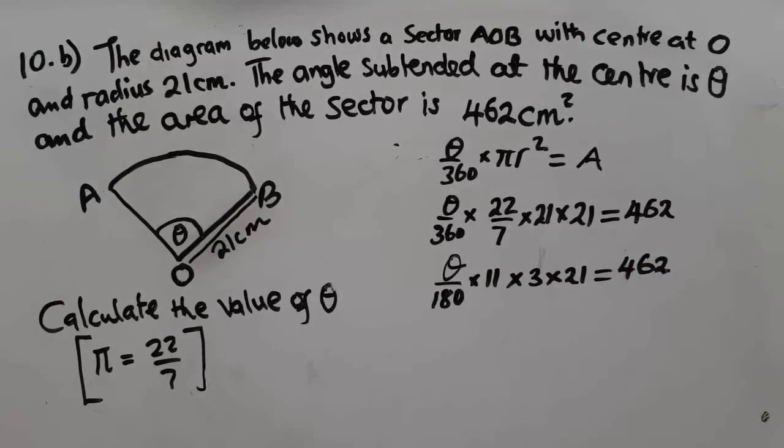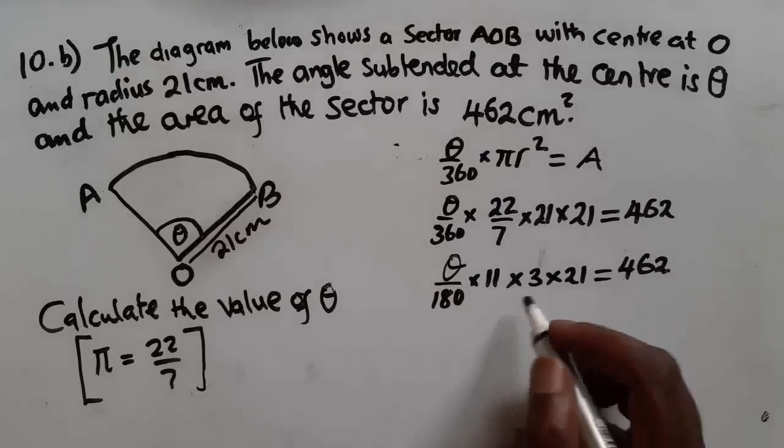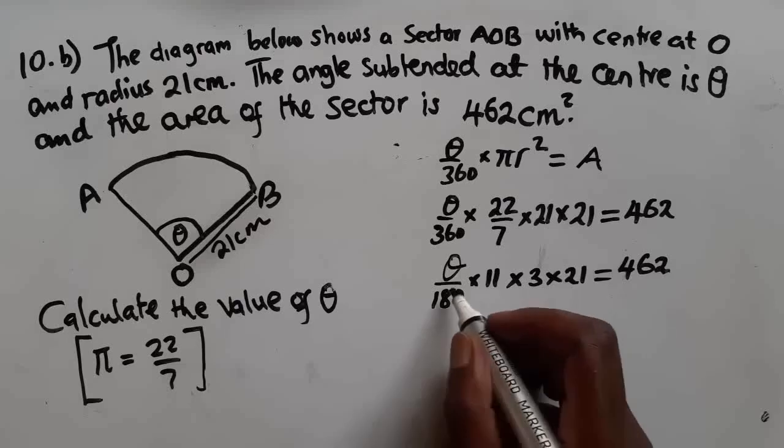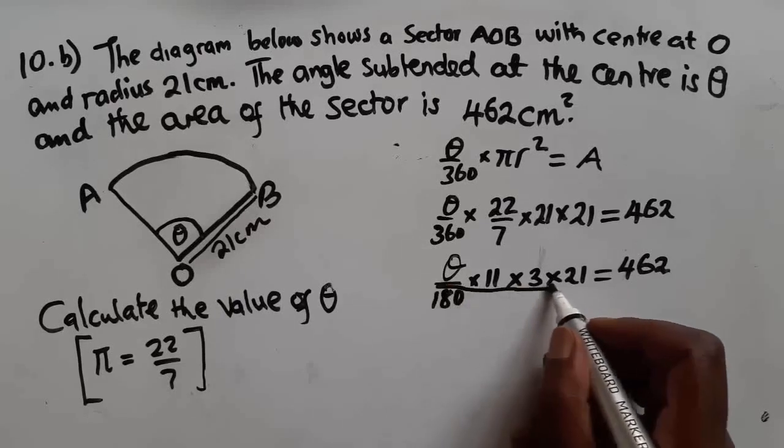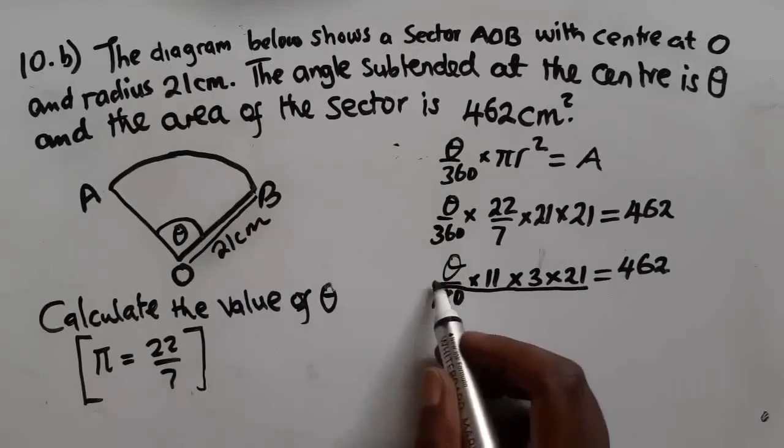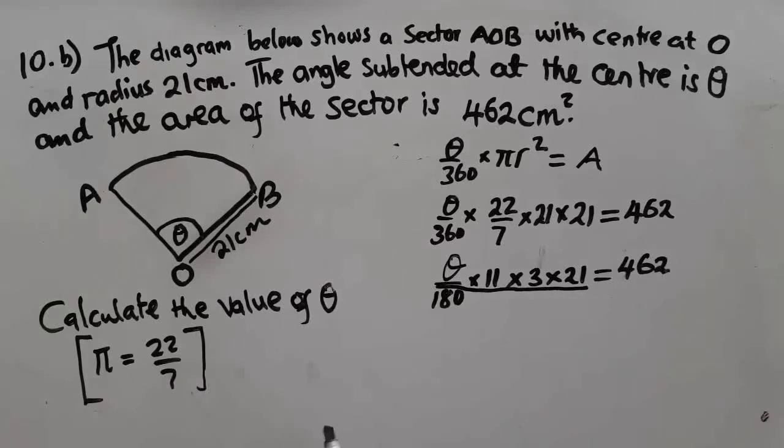Okay? So there is one thing that you have to understand here. And that thing is, when you can multiply throughout here. All these are together like this, isn't it?